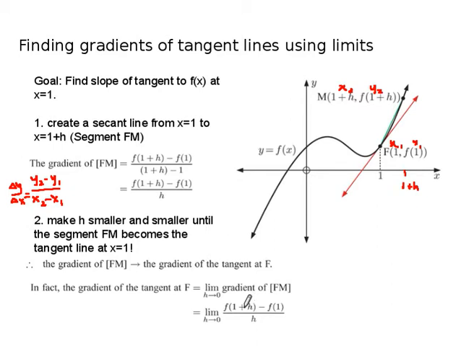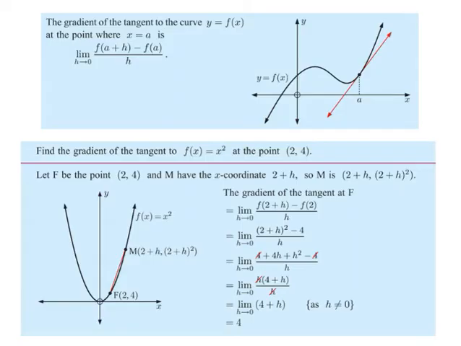I make h smaller and smaller, and that gradient then becomes the gradient of the tangent line. This is why we started talking about limits: we use the idea of limits to find the slope or the gradient of the tangent line at a particular point. All right, so let's actually use this here.